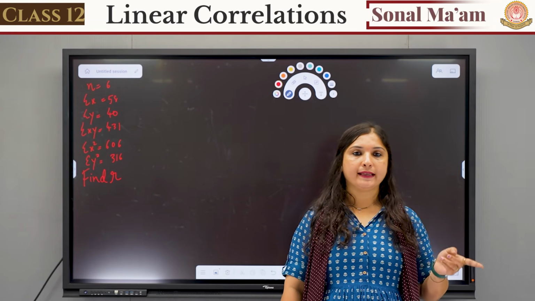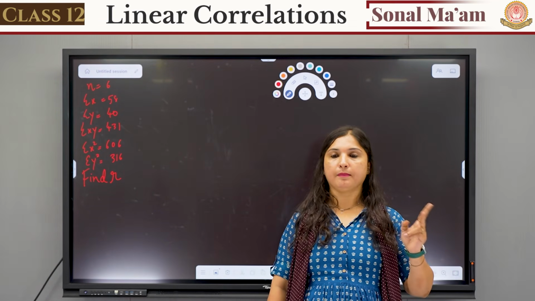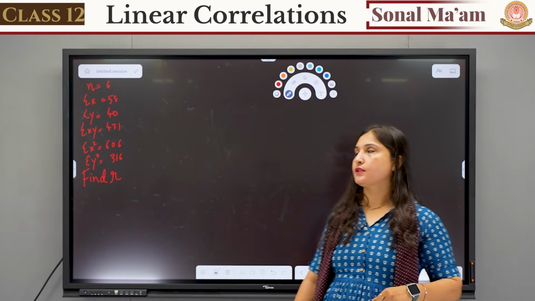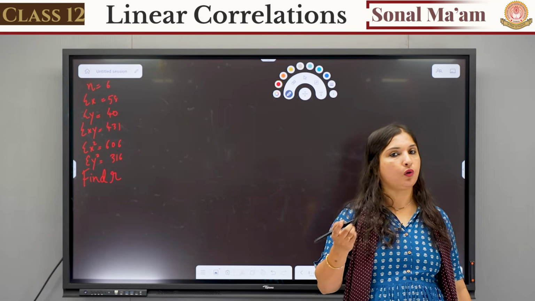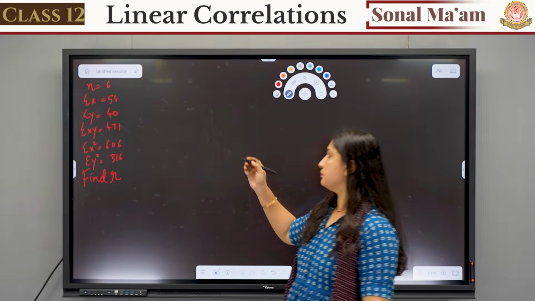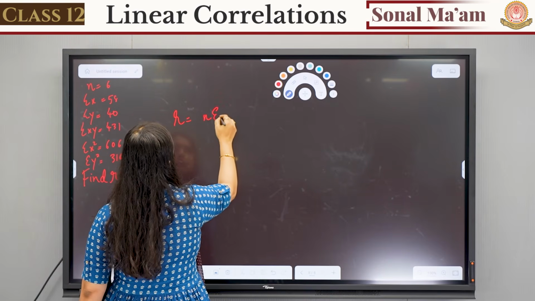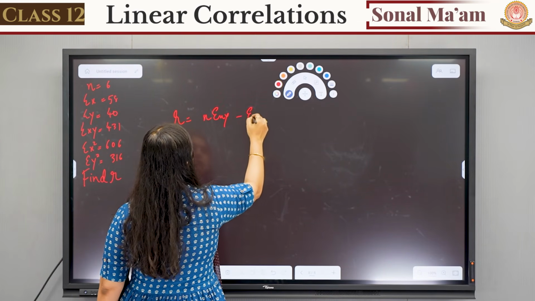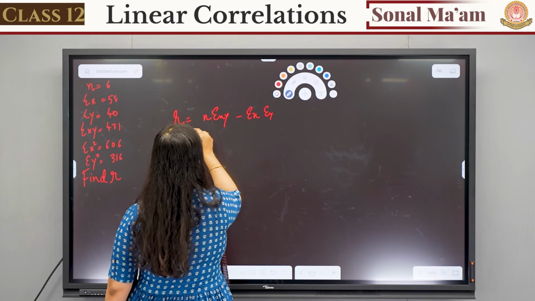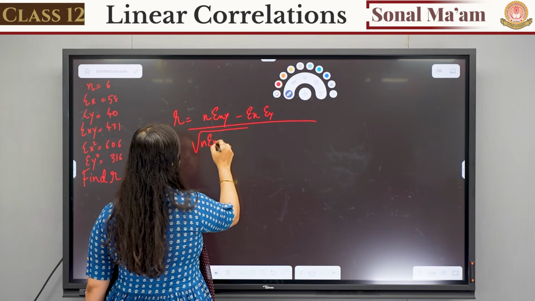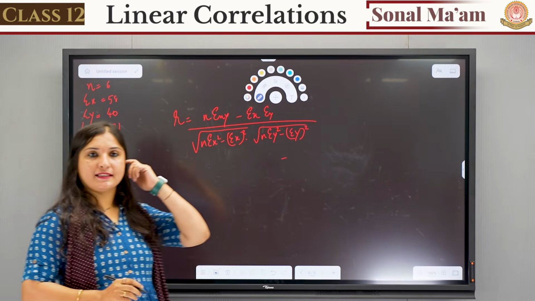N summation xy minus summation x summation y divided by under root of n summation x square minus summation x the whole square into n summation y square minus summation y the whole square. We have to just put the values because all the values are given to you.